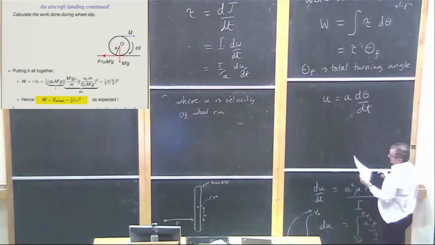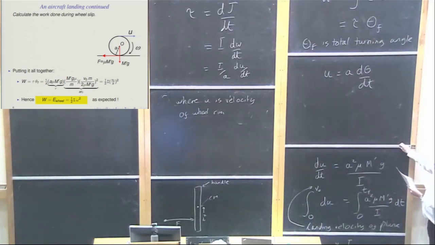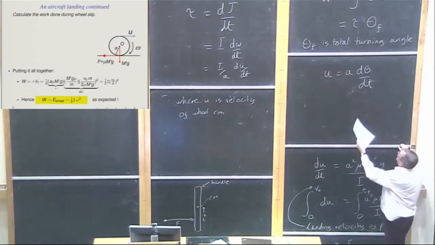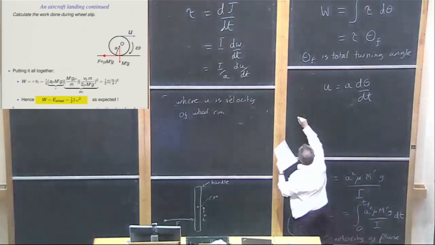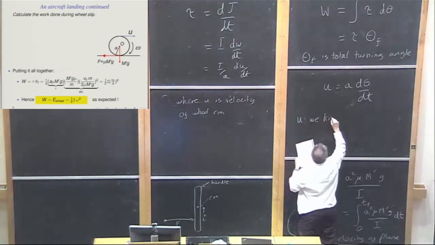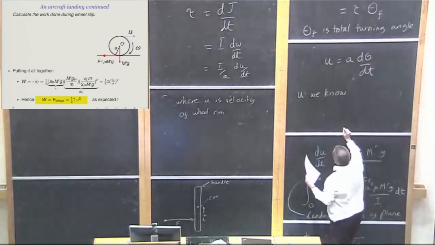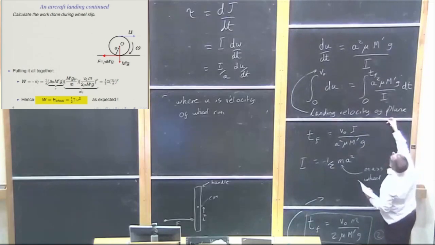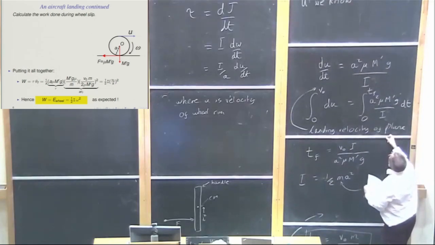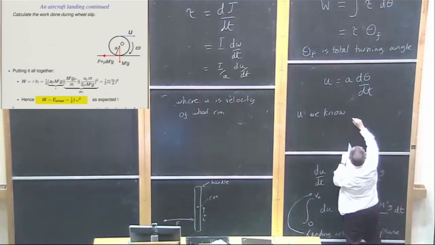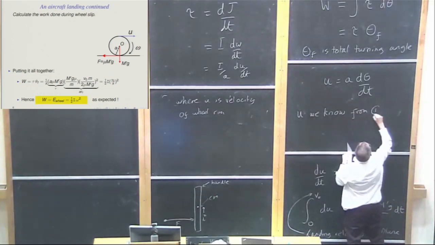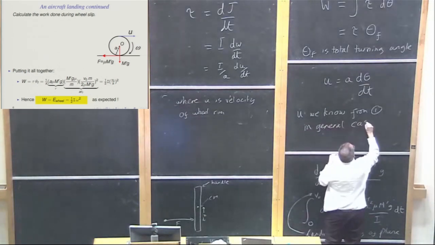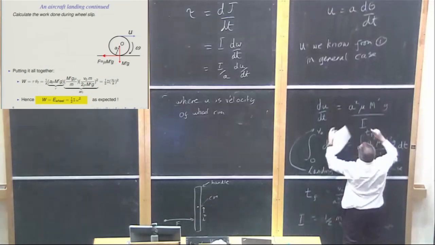And u we know, and you say, well, how do we know it? I think I will push this up, because we have it from expression 1 in the general case. So I think I can push this up, and we should be able to see both this board and expression 1.